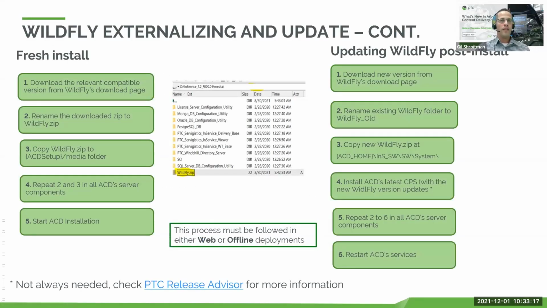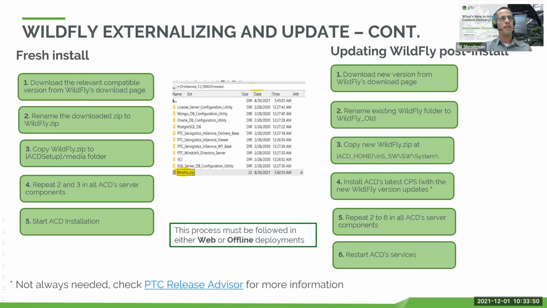So what does it mean in terms of the technical aspects of how to handle the WildFly application server while it's being externalized? It will require some preliminary manual configuration prior to or post installing Arbortext Content Delivery. And the flow is being visualized here. For fresh installs, you will now need to download the relevant version from the WildFly download page.